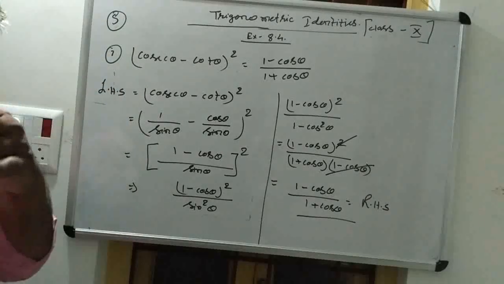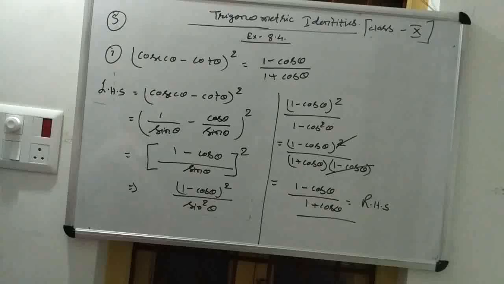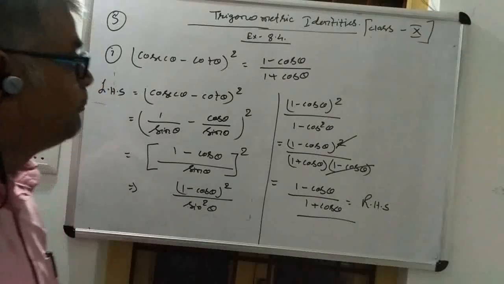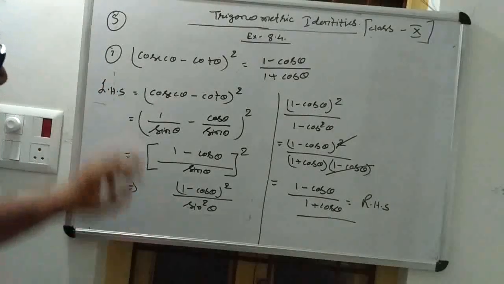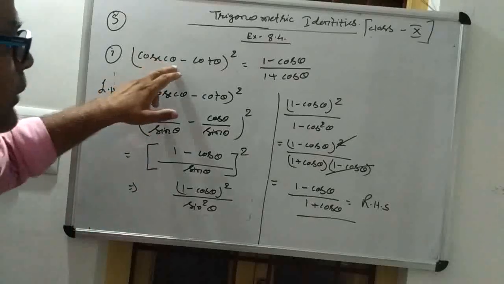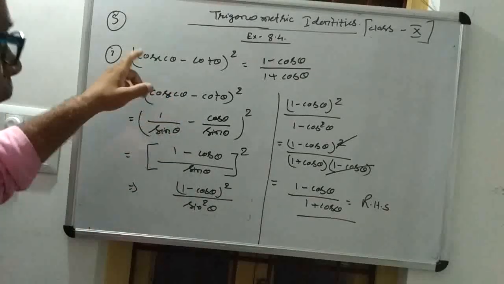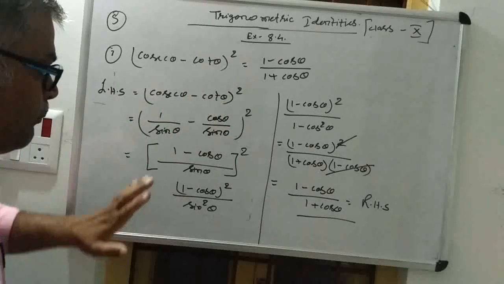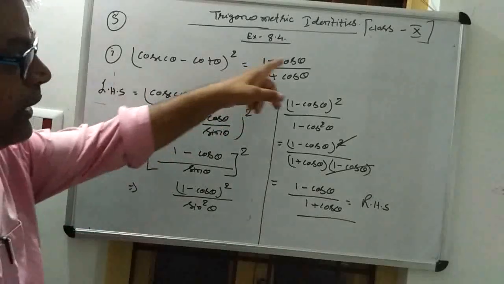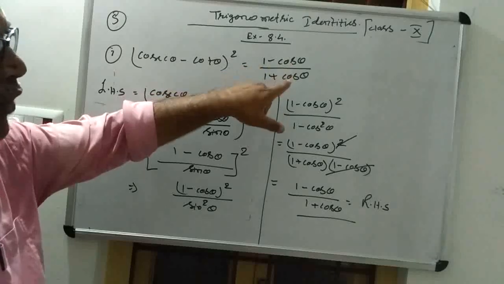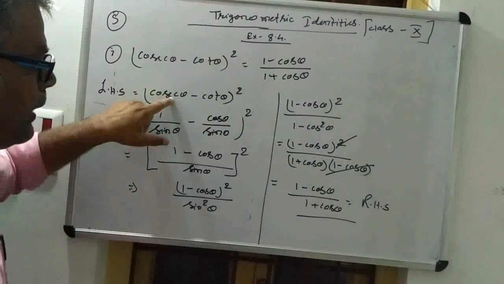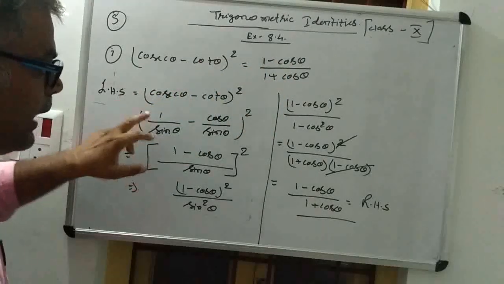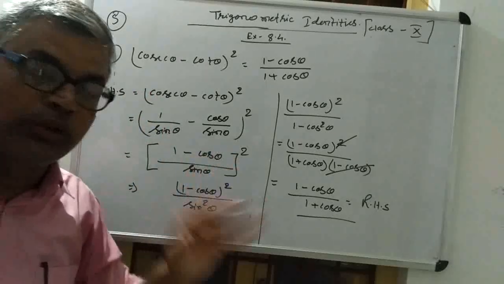So this is the method by which you have to prove the identity. First we take the LHS part. Our LHS part was cosec theta minus cot theta whole square. Because we were to bring it to the form of cos theta, we convert cosec theta and cot theta in terms of sin theta and cos theta.